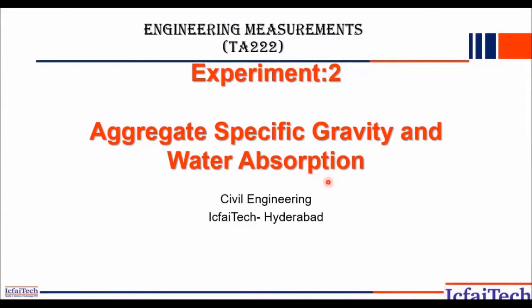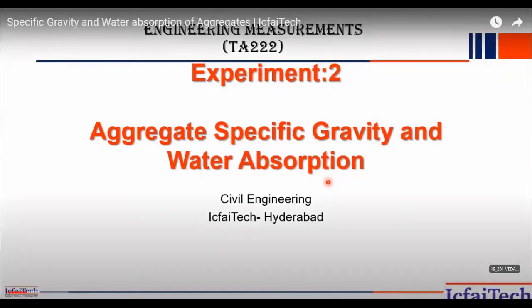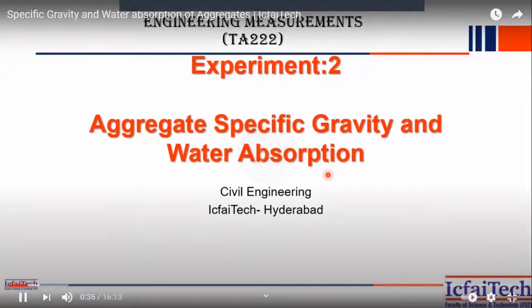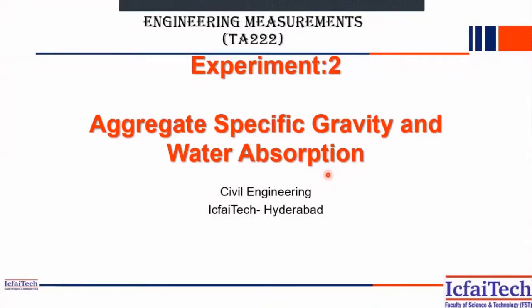Before using aggregates, we have to understand their properties thoroughly. That's why we discussed in the last lecture the aggregate shape test, using the flakiness and elongation index, to find out which type of aggregate is suitable for the construction or not.